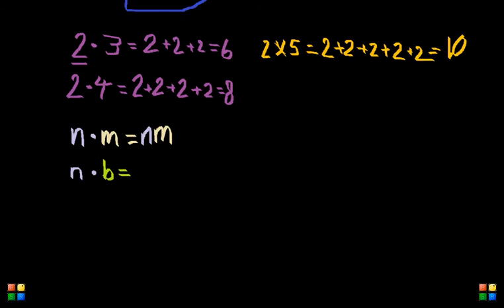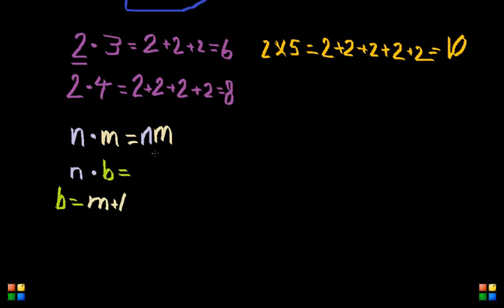Let's say b is equal to m plus 1. Okay? So this number, this b, is greater than m by one.